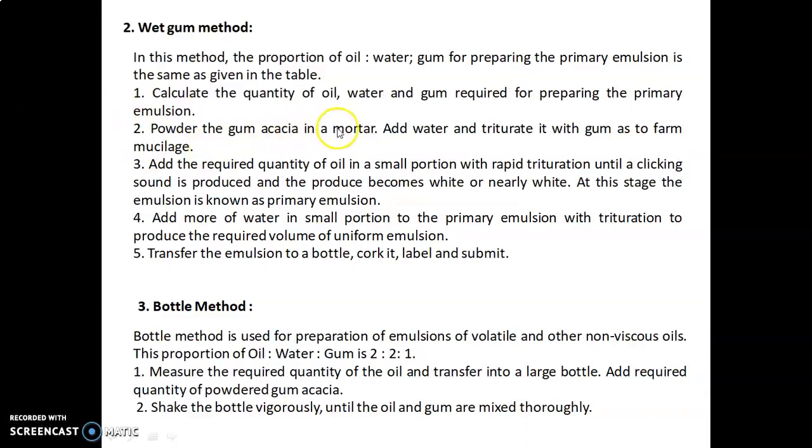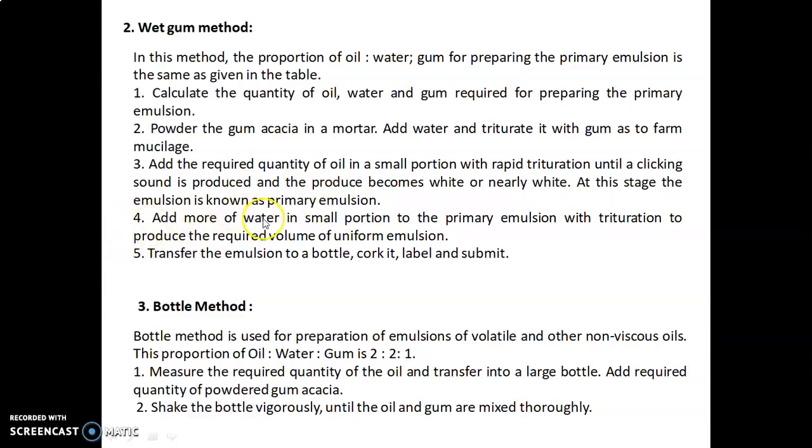Then powder the gum acacia in a mortar, add water and triturate it with the gum to form mucilage. Third, add the required quantity of oil in small portions with rapid trituration until a clicking sound is produced, and it becomes white or nearly white. At this stage, the emulsion is known as the primary emulsion.